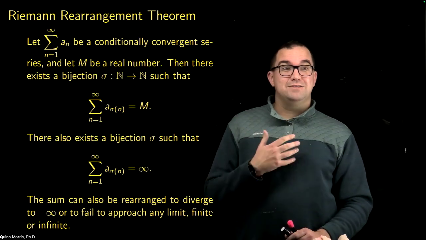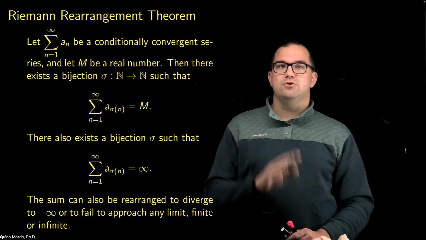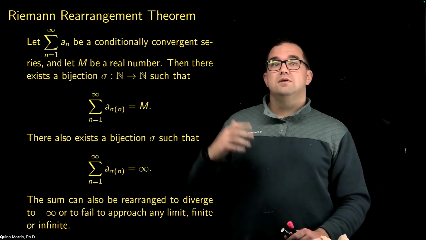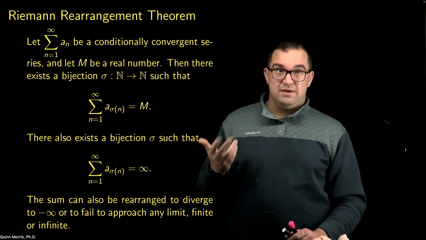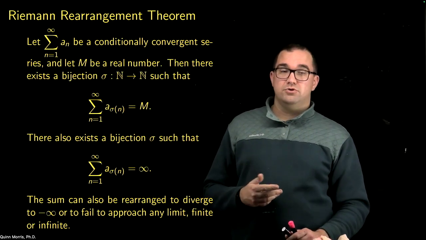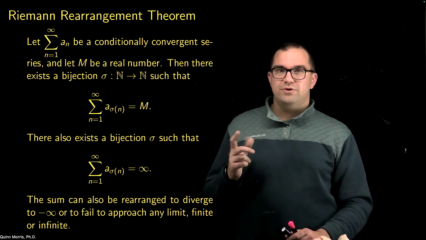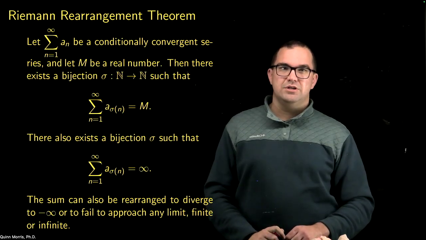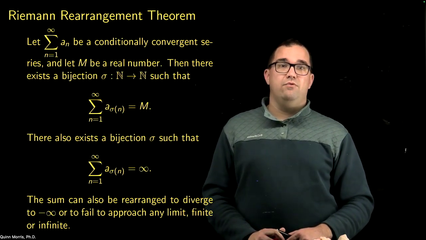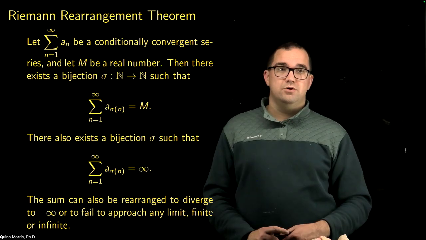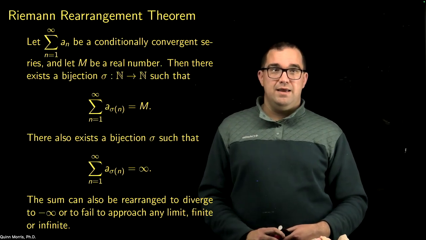So series with all positive terms are always going to be absolutely convergent. They're going to be very nicely behaved. Some alternating series can be, as we've seen, absolutely convergent, in which case they're still very nicely behaved. However, when you have alternating series that are conditionally convergent, it's important to be very careful because, as the Riemann rearrangement theorem shows, there can be a lot of very bad behavior there.